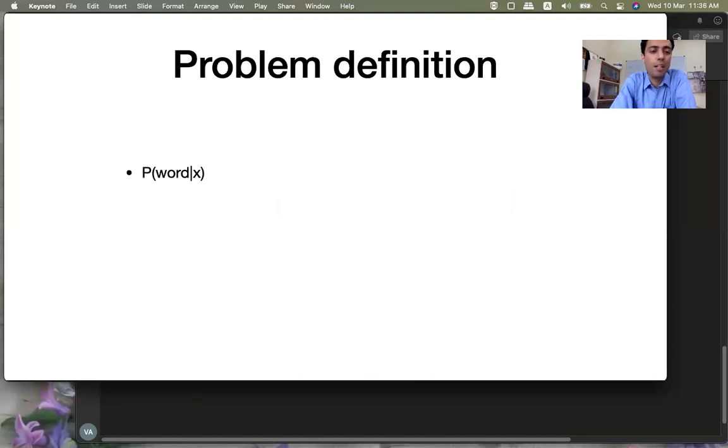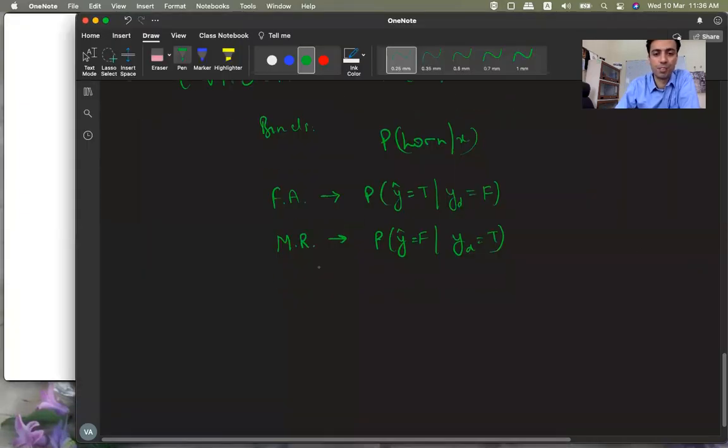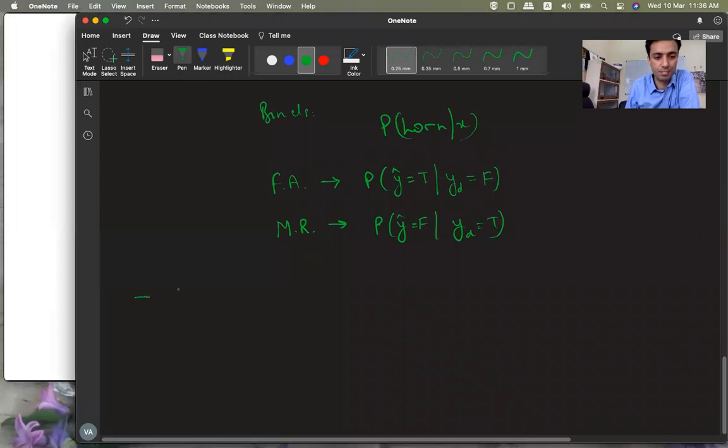We have to estimate the probability of word given X. It is the same problem which we did for event detection, now for automatic speech recognition. What will be my problem? Probability of word given X.